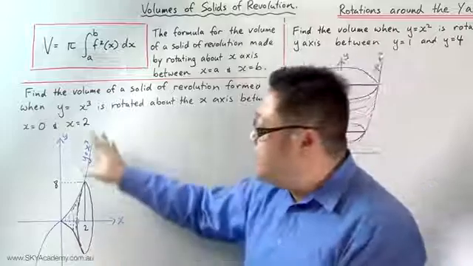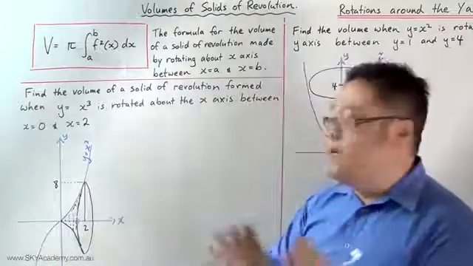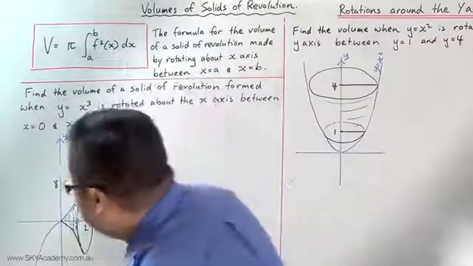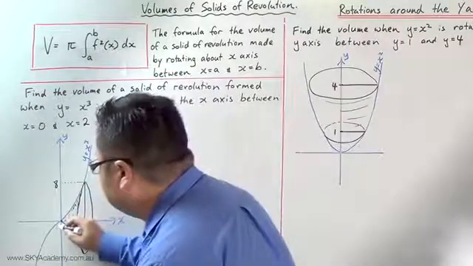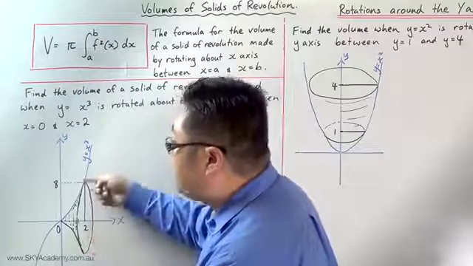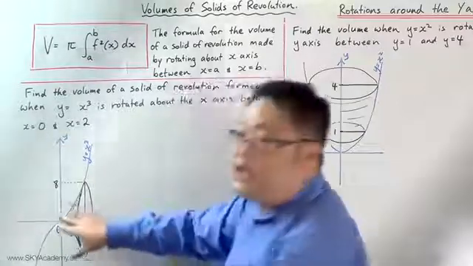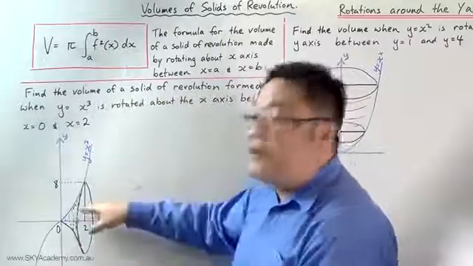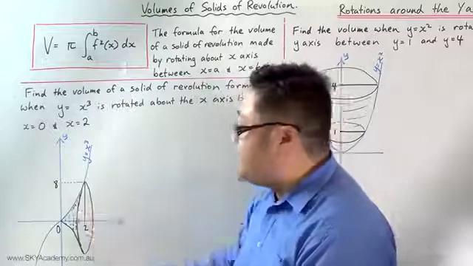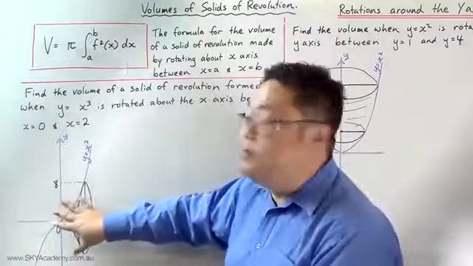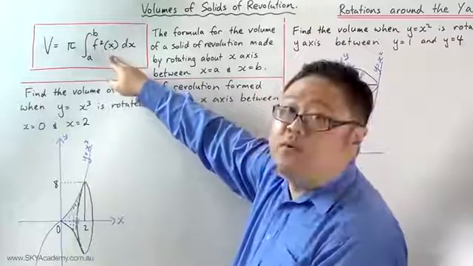I've actually done the work in advance, so we want the function between 0 and 2 rotated around the x-axis, and it's going to look like the bell of a trumpet. Do you see that? And we're going to find the volume of that using this formula.